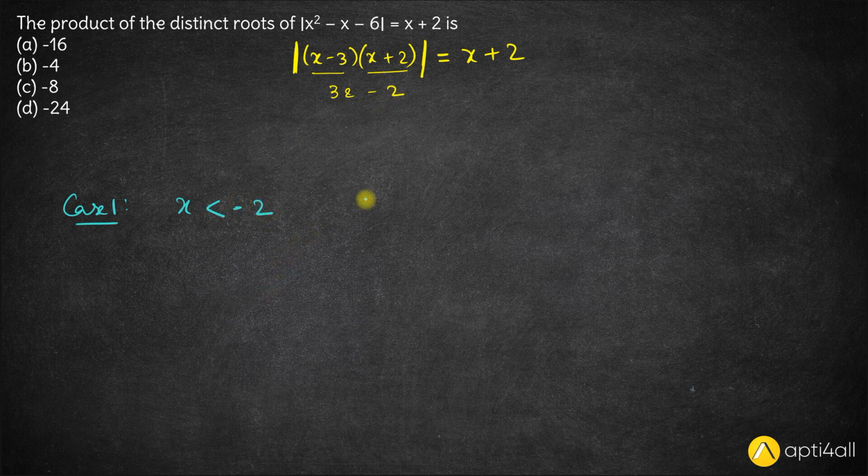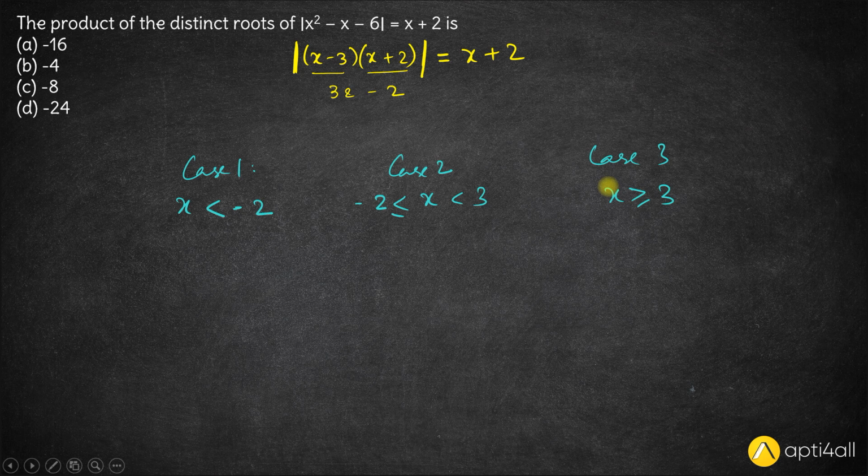Next is when x is less than 3 but greater than or equal to minus 2. This is case 2. This is case 1, and finally you'll have a case 3, that is when x is greater than or equal to 3. Okay, so these are the three cases that we have.